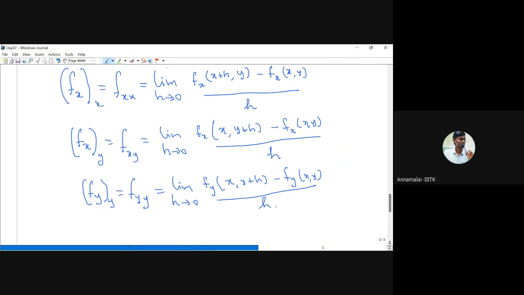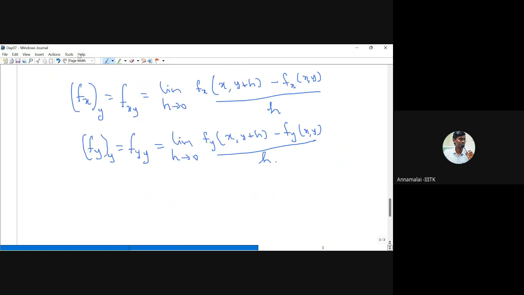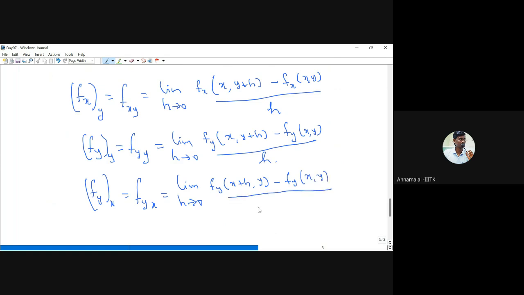So again, we can differentiate fy with respect to x also. Fy with respect to x is fyx, equal to the limit as h goes to 0 of fy at x plus h comma y, minus fy at the point x comma y, whole divided by h.